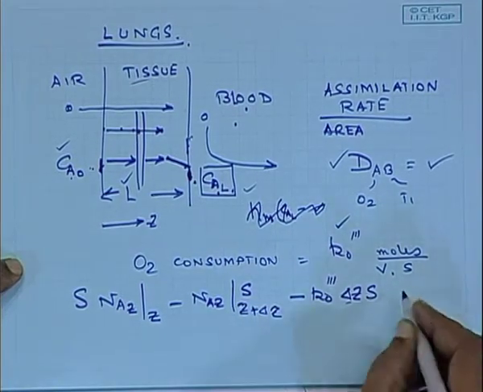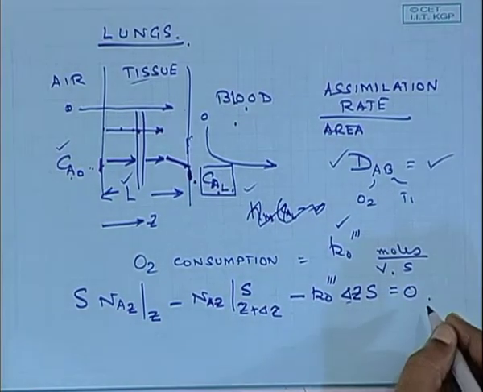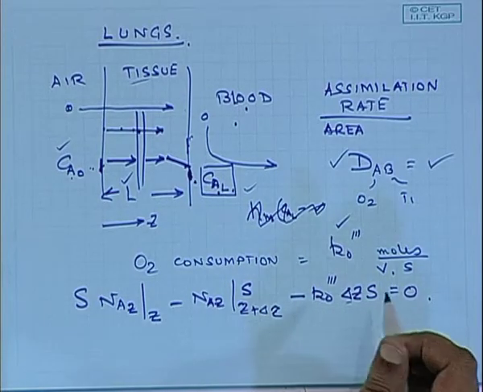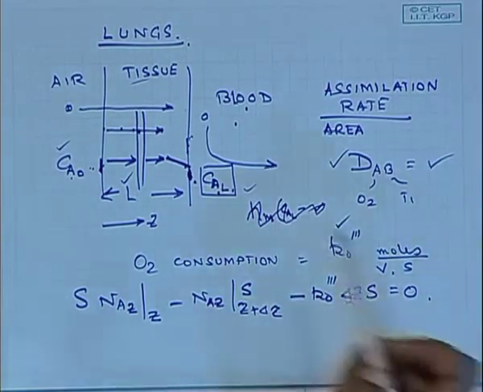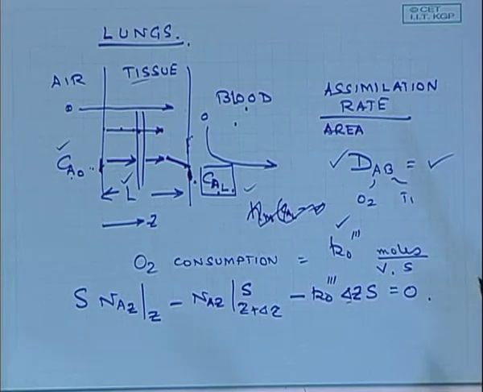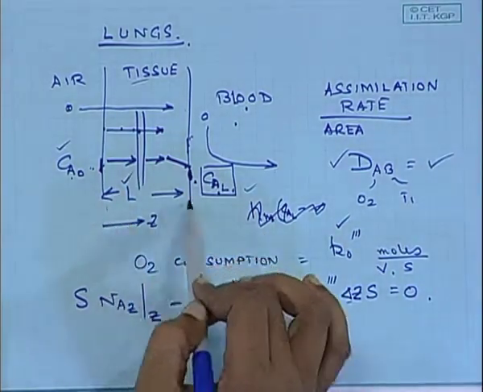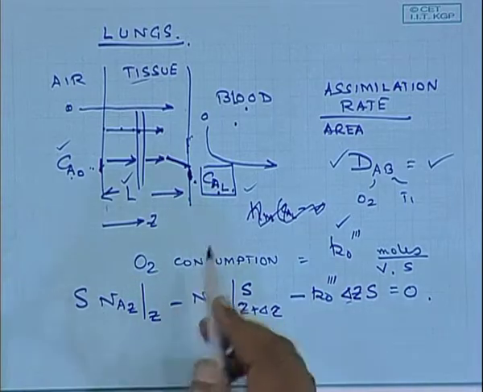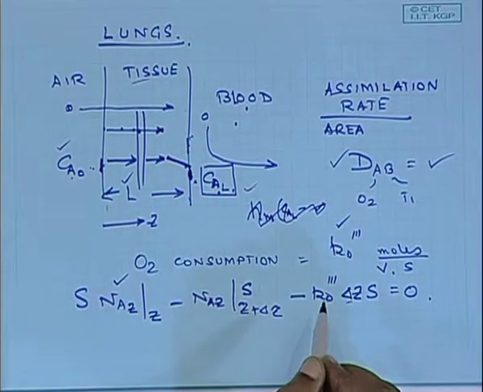Delta Z into S is equal to 0. So, this is exactly like a homogeneous reaction which is taking place. More correctly, it is adding a sink term to the whole thing. And what should I write for NaZ?